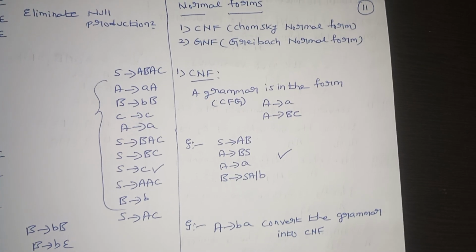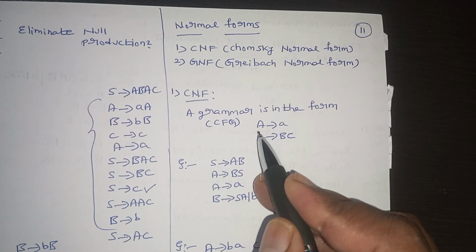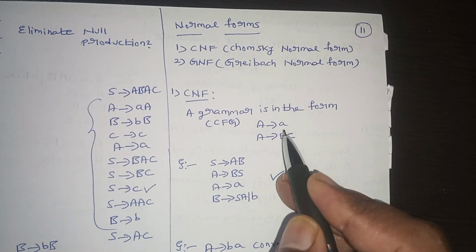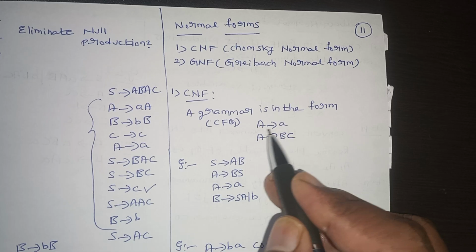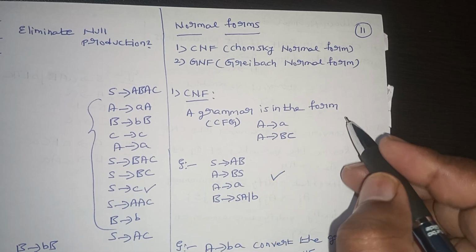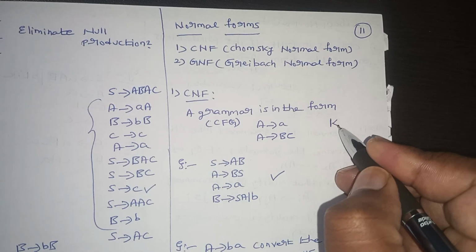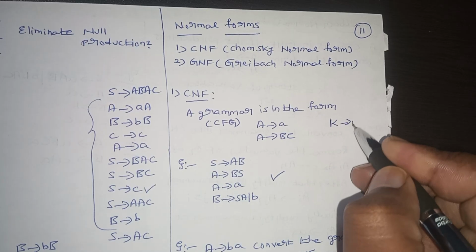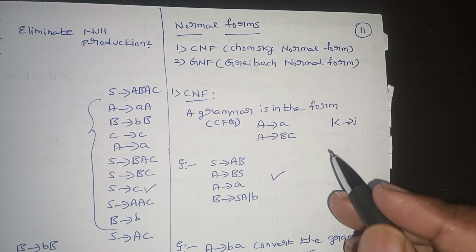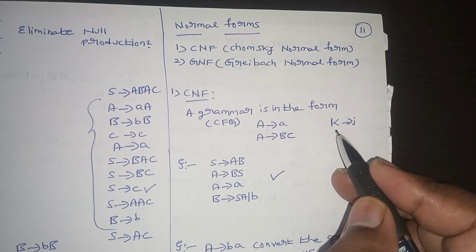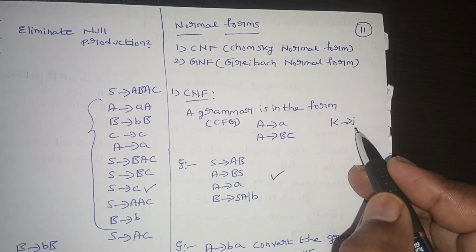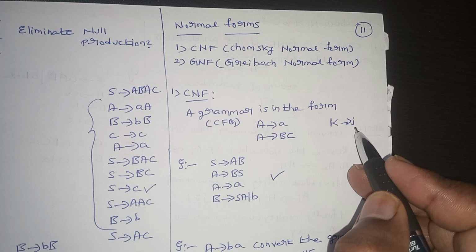Any variable you take, any terminal, not only small a. For example, K tends to small j. This is valid. Why? Because in the LHS I have one non-terminal, and in the RHS I have only one terminal.